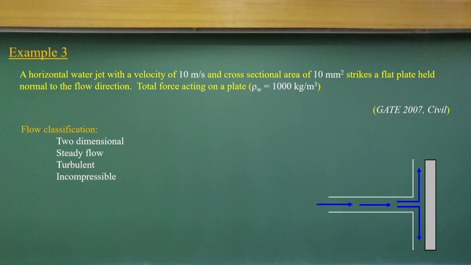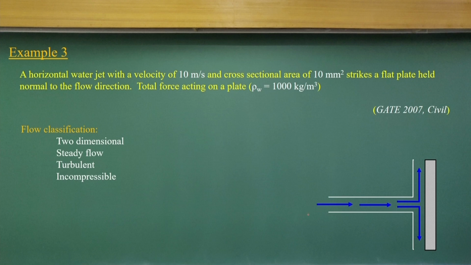If you look at that, again we have to do flow classification. As you see in these diagrams, the flow has two directions, it is two dimensional. The jet force is coming in the x direction, and after hitting it moves in the y direction, splitting into two parts.